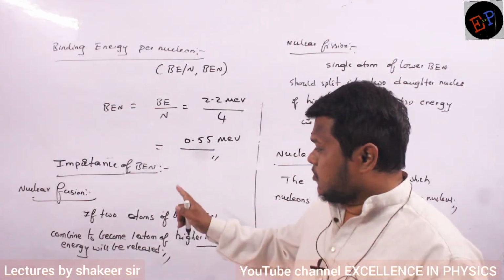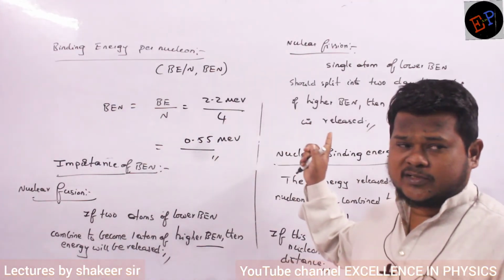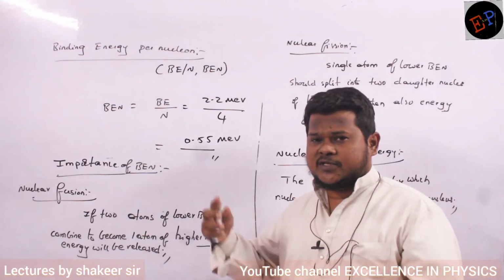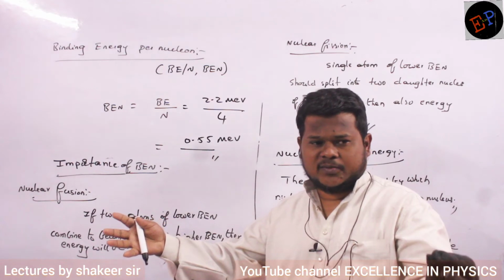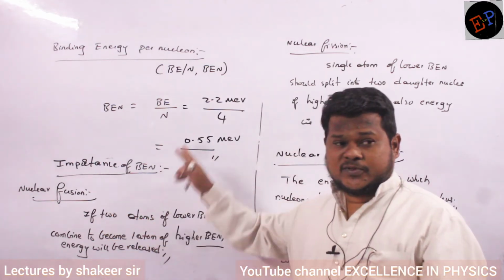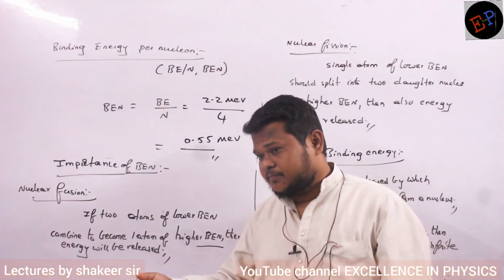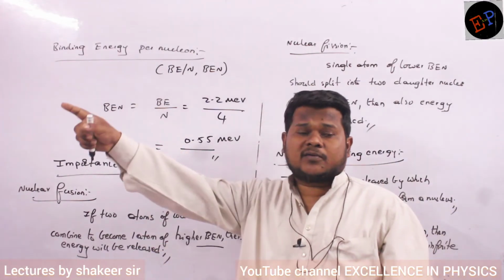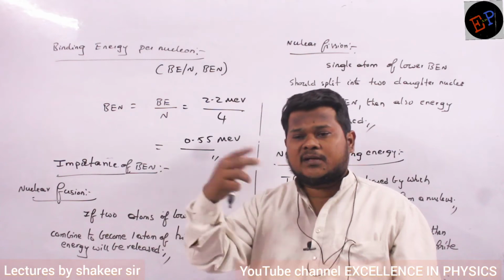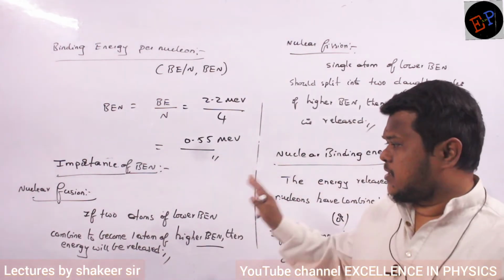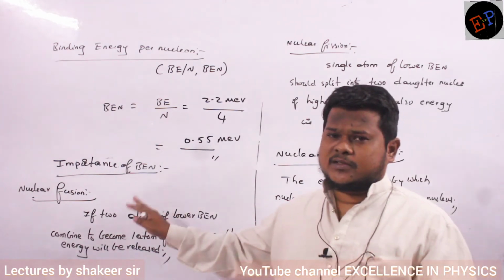So whether it is nuclear fusion or nuclear fission (fusion means combination, fission means getting separated), lower BEN should convert into higher BEN, then always energy will be released. Are you able to understand? So direct questions will be asked on this topic.